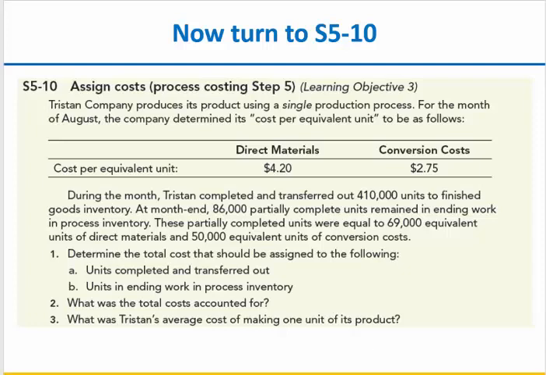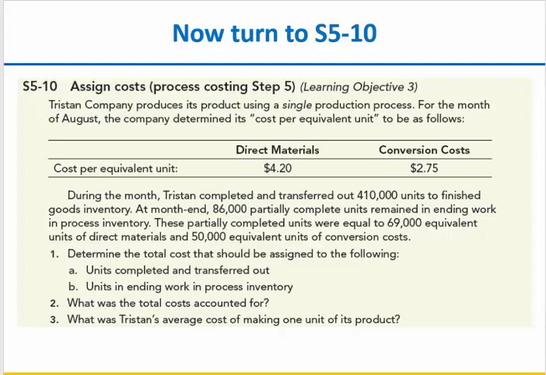Step 5 has the following. The company produces its product using a single production process. For the month of August, the company determined its cost and equivalent units to be as follows. We have cost per equivalent unit: for direct materials $4.20, and for conversion cost $2.75.